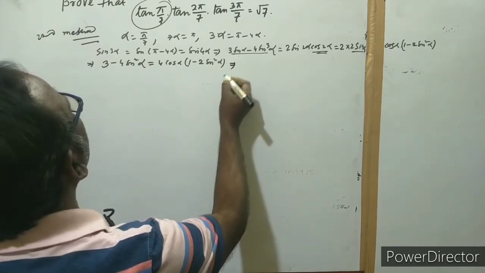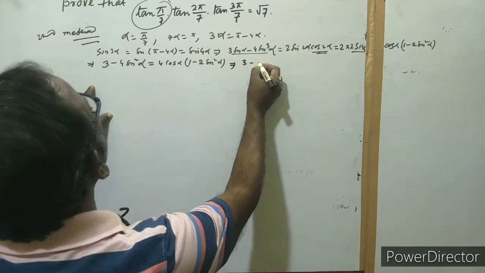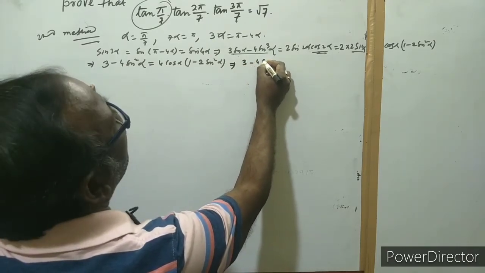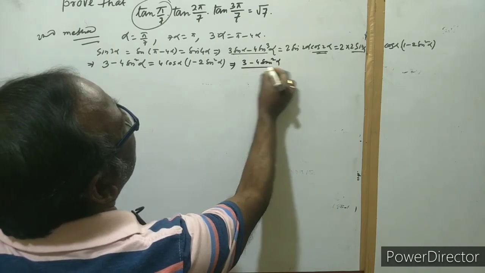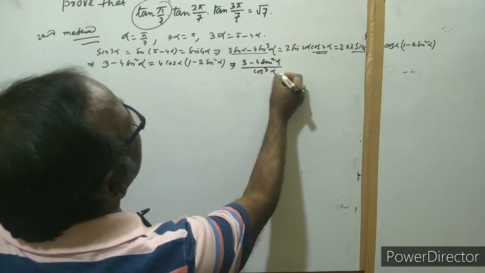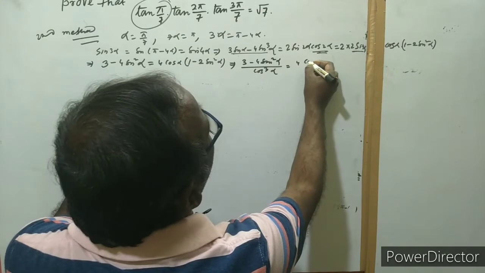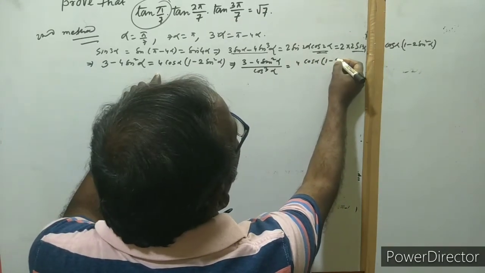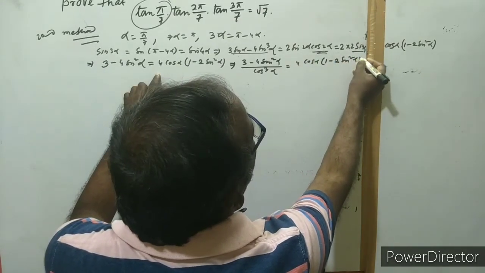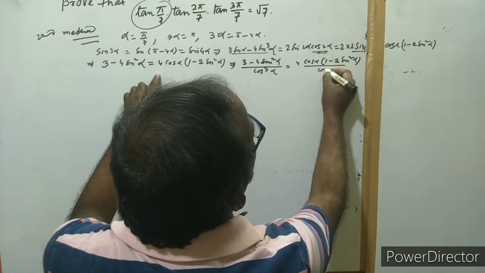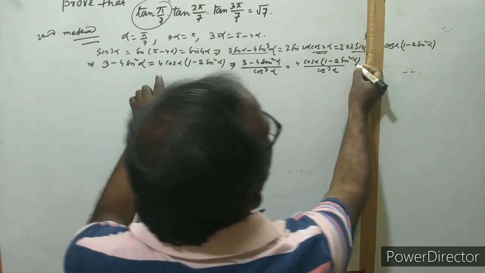So see, 3 minus 4 sine square alpha by cos cube, this is 4 cos alpha, 1 minus 2 sine square alpha by cos cube alpha.